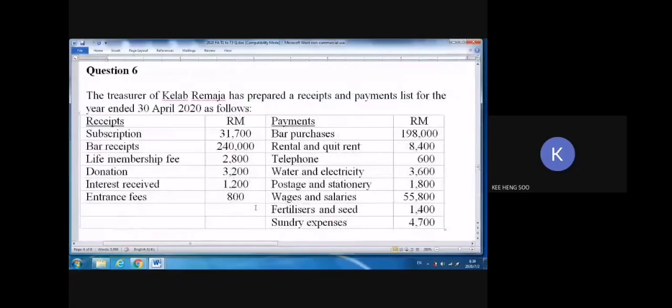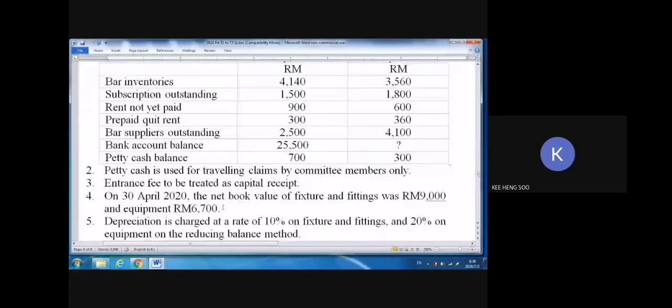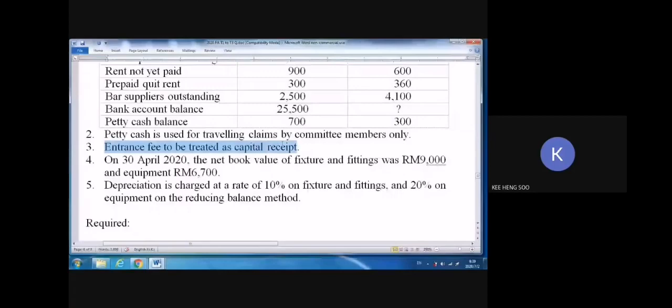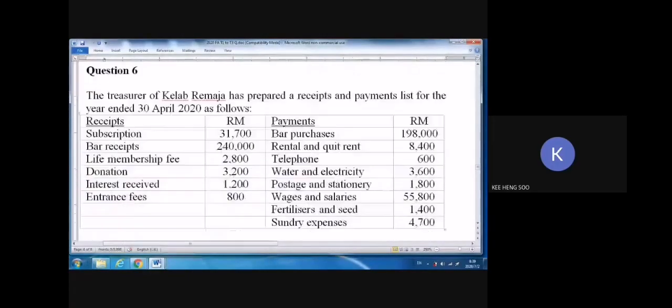If you can remember your question 6 this week, Kap Remaja, the question mentioned that entrance fee to be treated as a capital receipt. Note number 3. In this question 6, Kap Remaja, entrance fees is not income. Life membership fees also not income. It's called capital receipt. The rest, subsistence account, bar profit, donation, interest received, are your revenue receipt. Yeah, this is called revenue receipt.